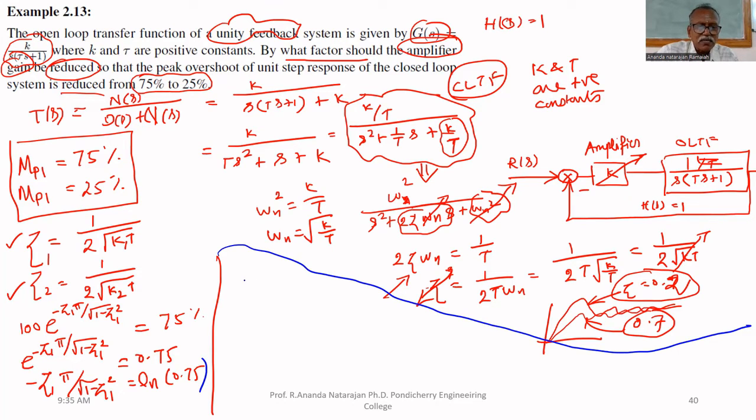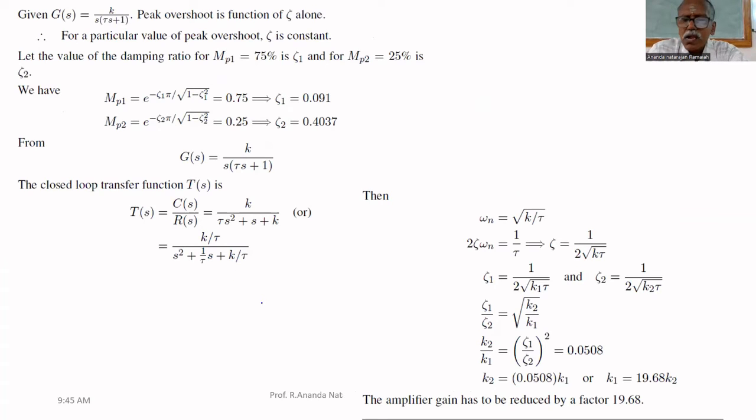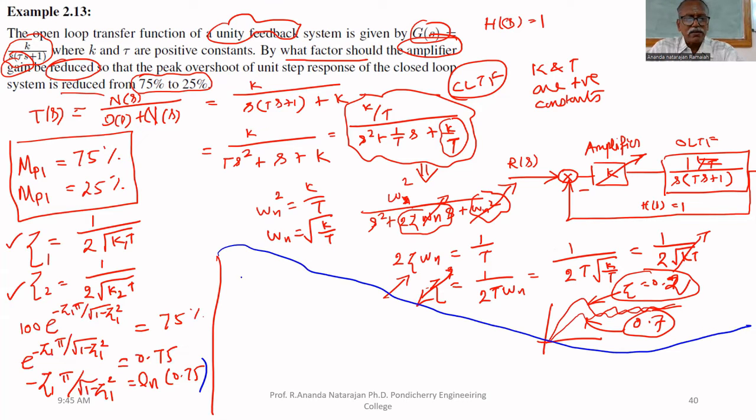Therefore, we can find zeta. ln of 0.75 is a negative value. Zeta 1 is directly given, 0.091.